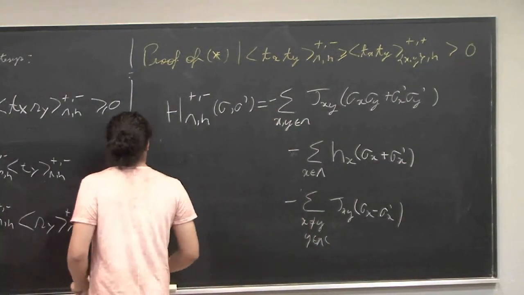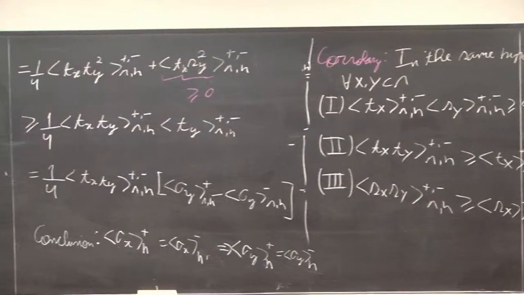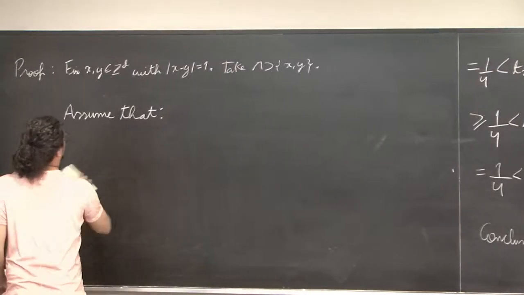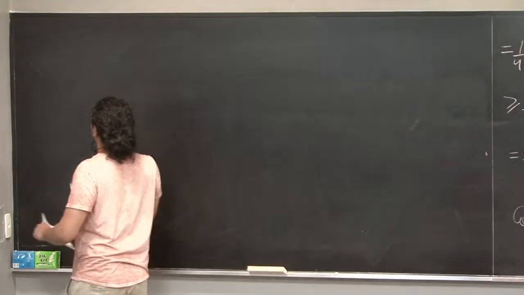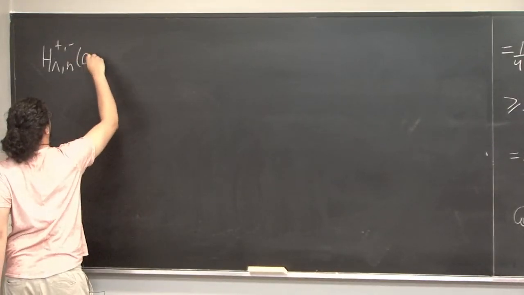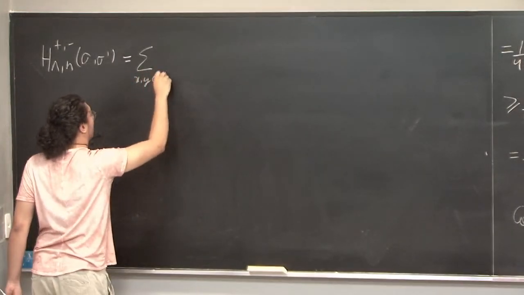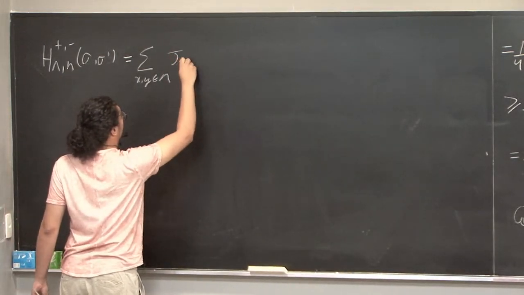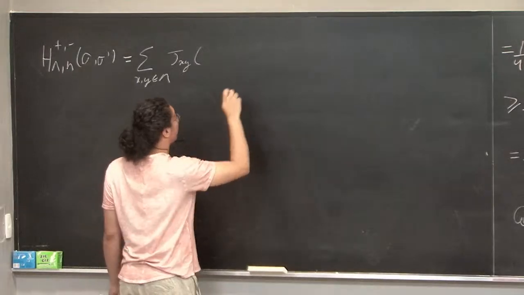And we can rewrite this Hamiltonian using these t and s variables. So this Hamiltonian is also equal to plus and minus sigma prime over y. Okay, J x y here. This term will be a little bit different, right?